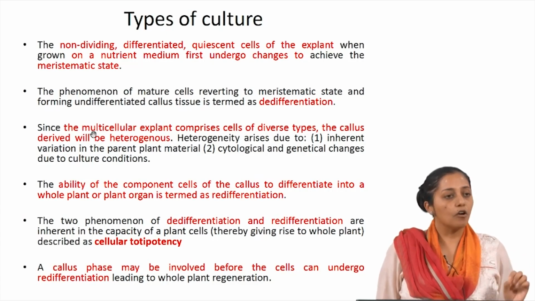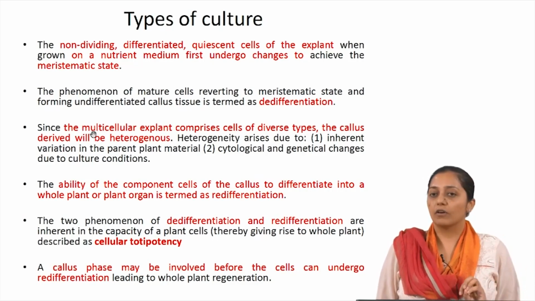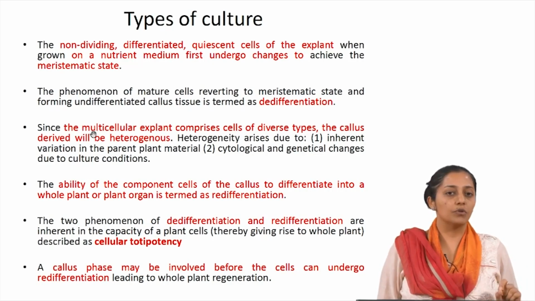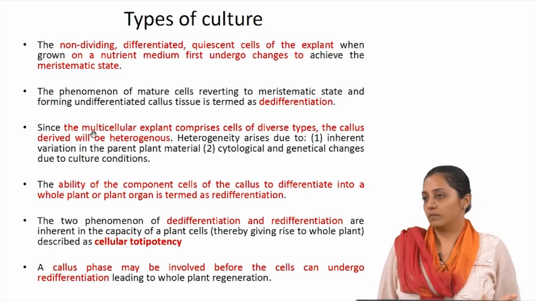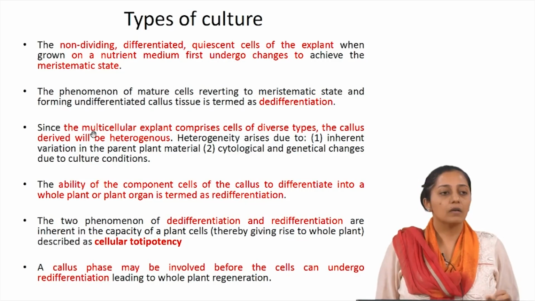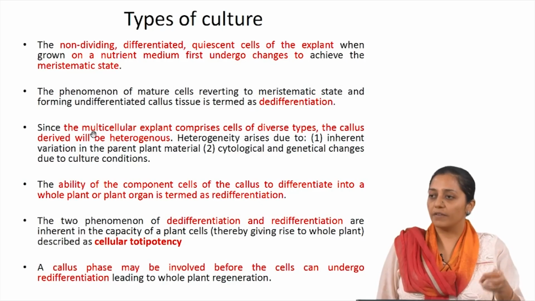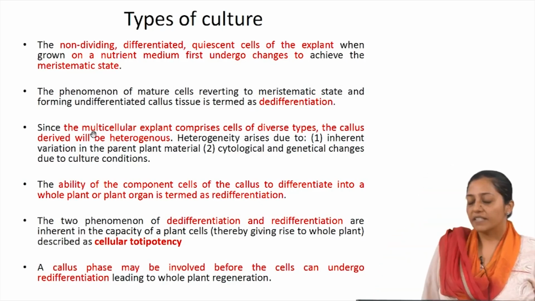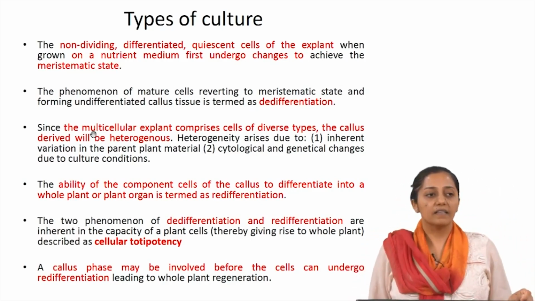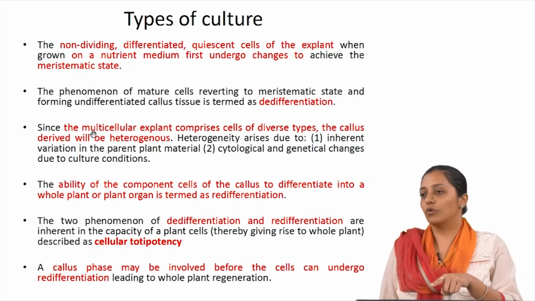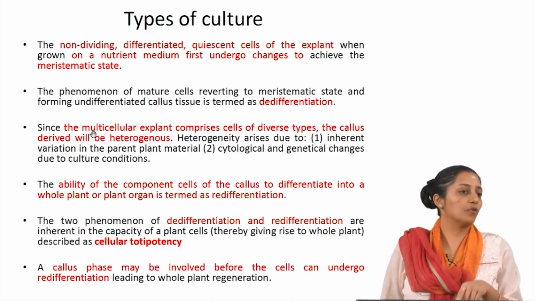Now the ability of the component cells of the callus to differentiate into the whole plant is what we know as redifferentiation. Totipotency is the capability to de-differentiate and redifferentiate. It is not necessary that the explant has to go to a callus stage before regeneration.